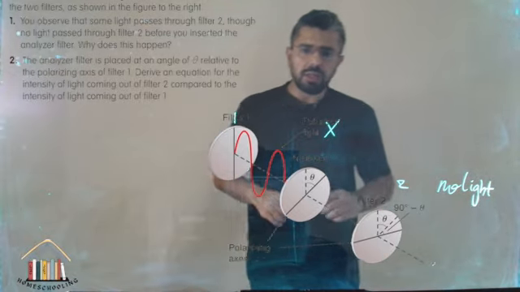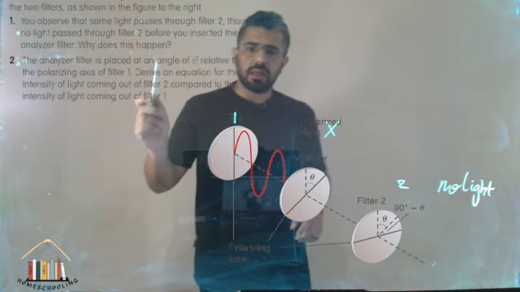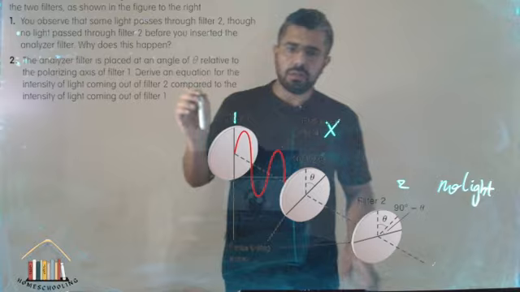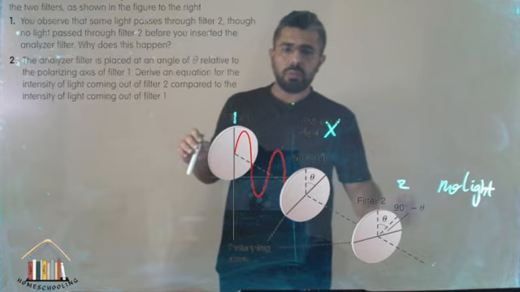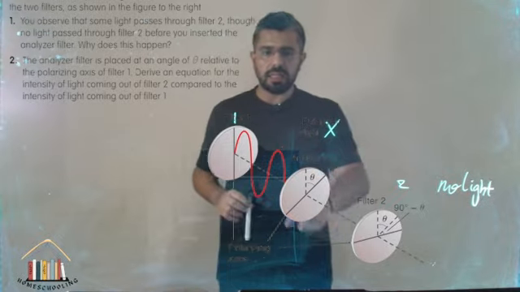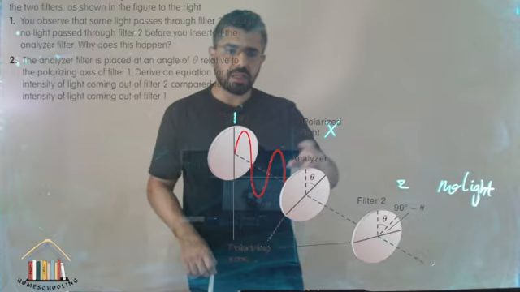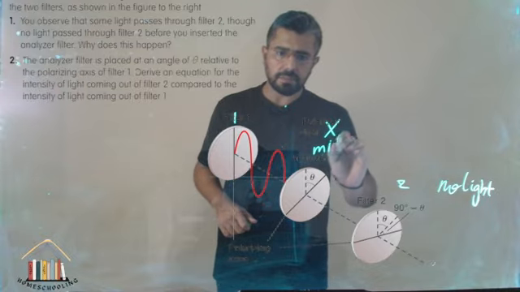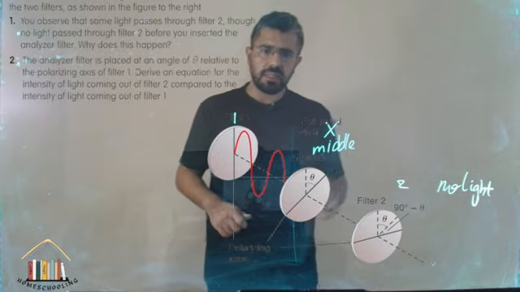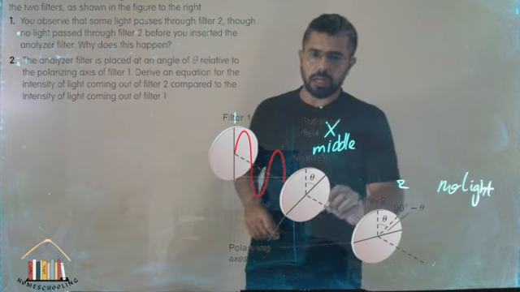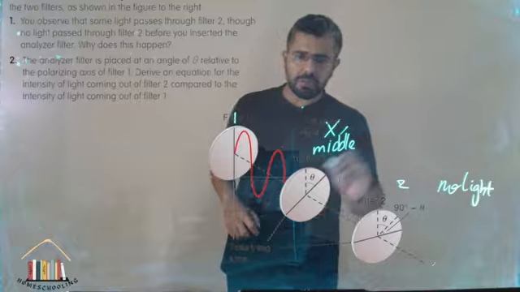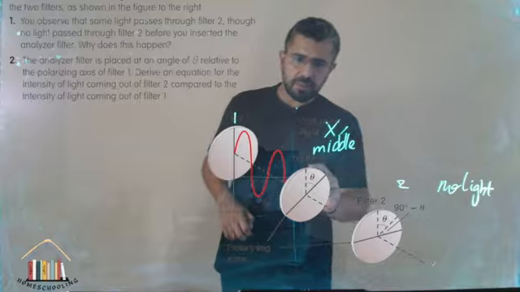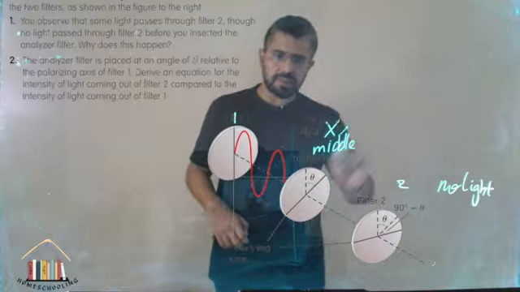But in this question, we insert an additional analyzer, a third polarizer, in the middle. The angle is between the vertical and the horizontal; it's oblique.